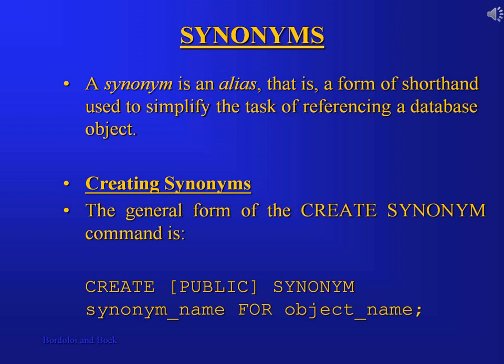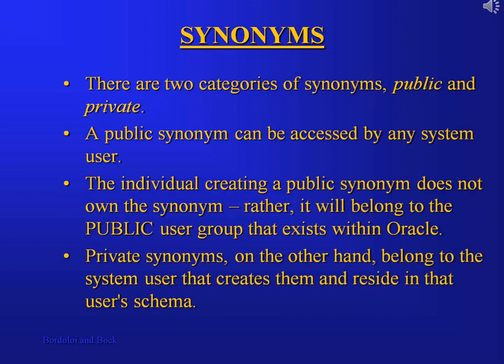You create synonyms using the create synonym statement. The underlying schema objects need not exist, nor do you need privileges to access the object. So the synonym allows the underlying objects to be renamed or moved, where only the synonym needs to be redefined and the applications based on the synonym continue to function without modification.